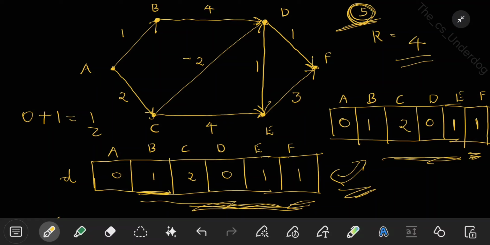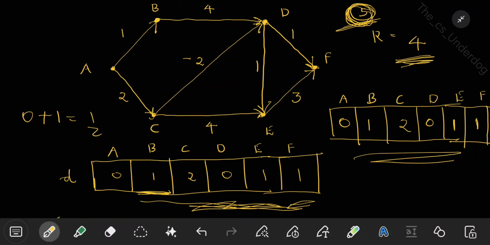At max, you can go till the 5th round. But in this case, just when you reach the 4th round, you understood there is no point in relaxing further because there is no improvement in the shortest paths when you did one additional round. Whenever you see that there is no improvement after one additional round, that is your final answer. So this is your final answer.